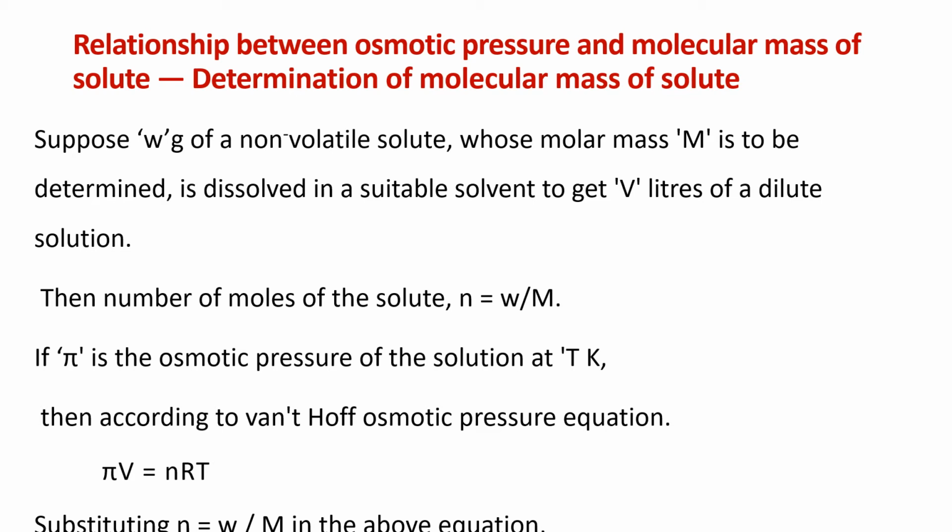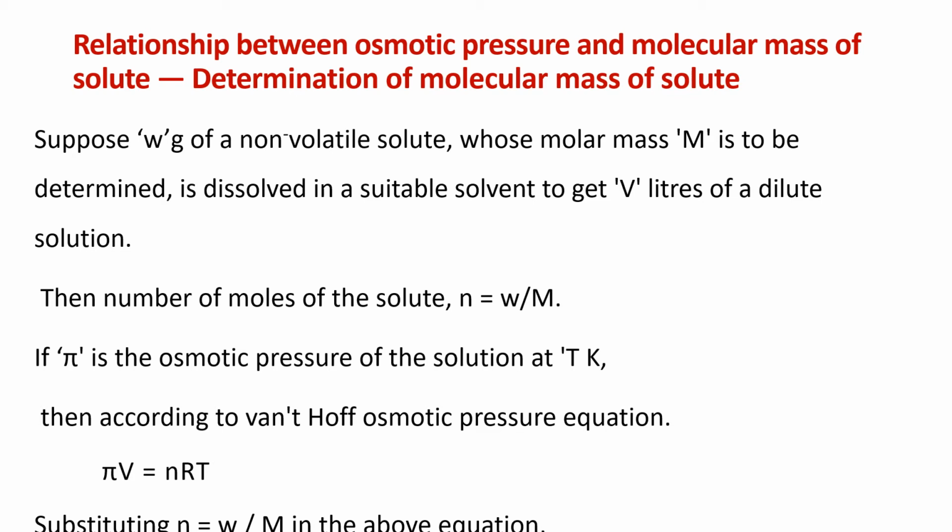Then the number of moles of the solute, n, is equal to W by M. If pi is the osmotic pressure of the solution at T Kelvin, then according to the Van't Hoff osmotic pressure equation, pi V is equal to nRT.